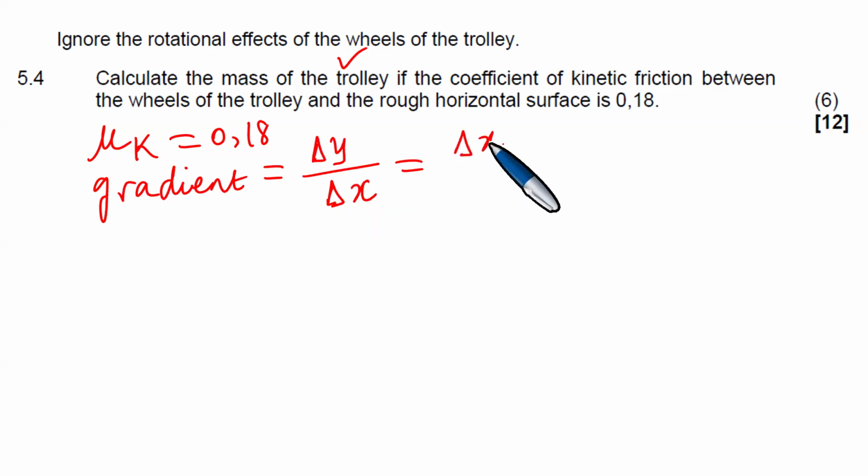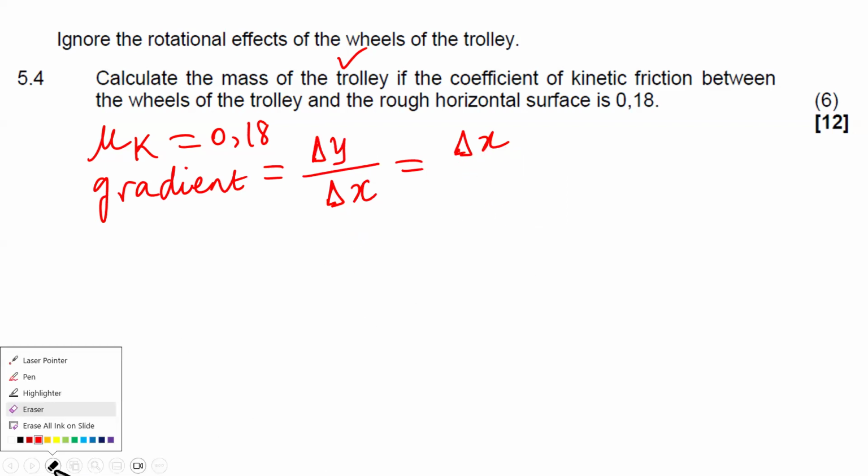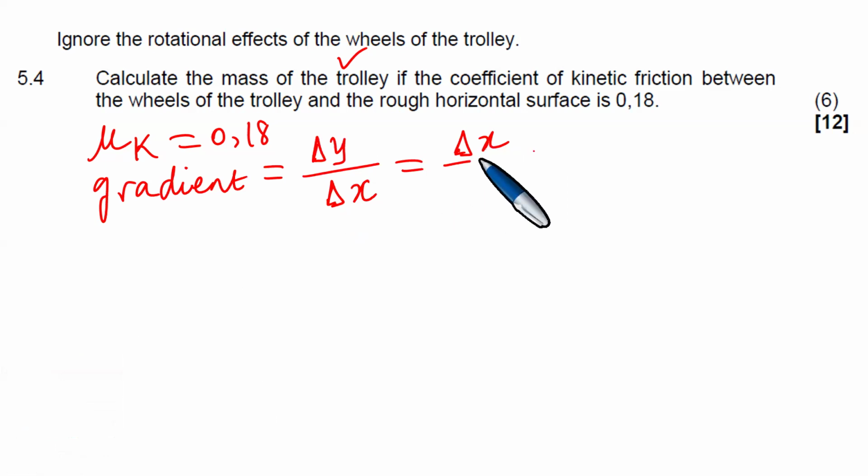Or you can say it is change in x divided by the change in the initial kinetic energy, divided by the initial kinetic energy. And this is therefore 1 over your kinetic friction, like so.